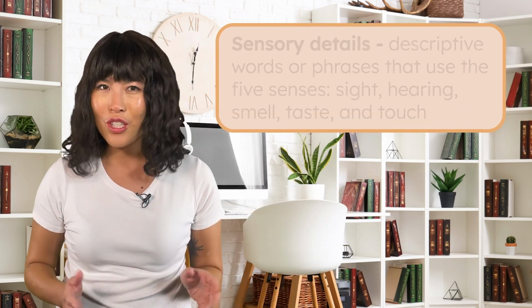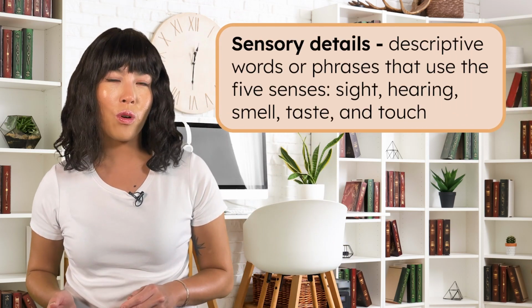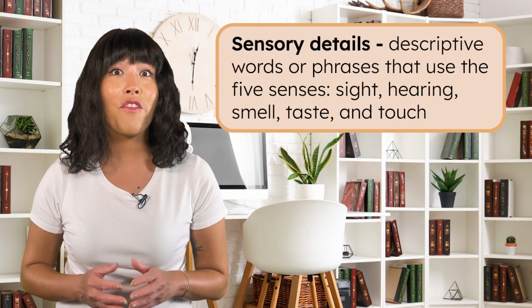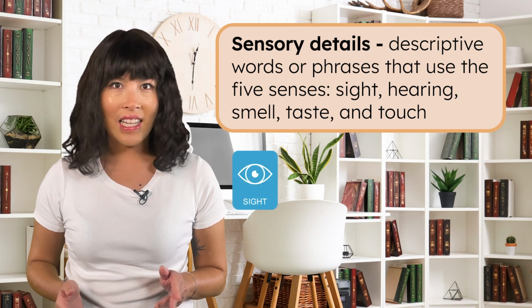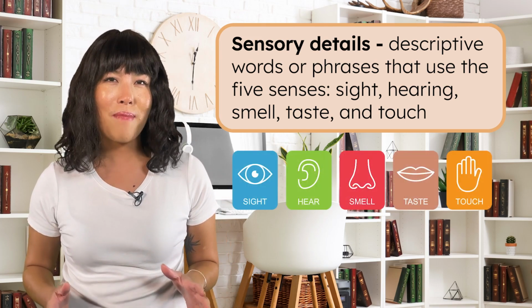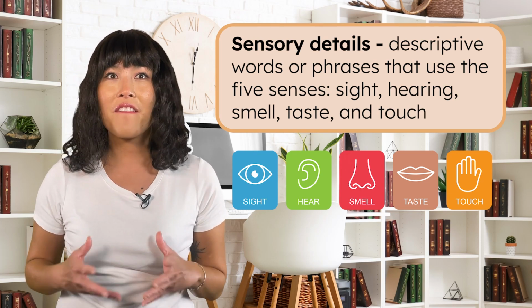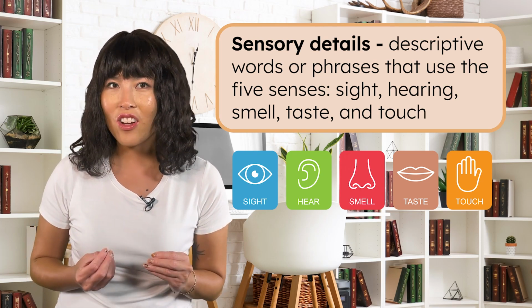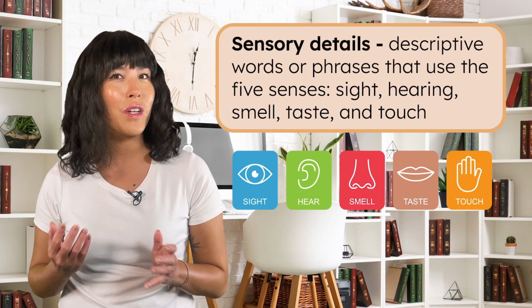Do you remember when we learned about sensory details? Sensory details are descriptive words or phrases that use the five senses: sight, hearing, smell, taste, and touch. They help readers imagine part of a story by creating vivid imagery or a clear and detailed picture in the reader's mind.